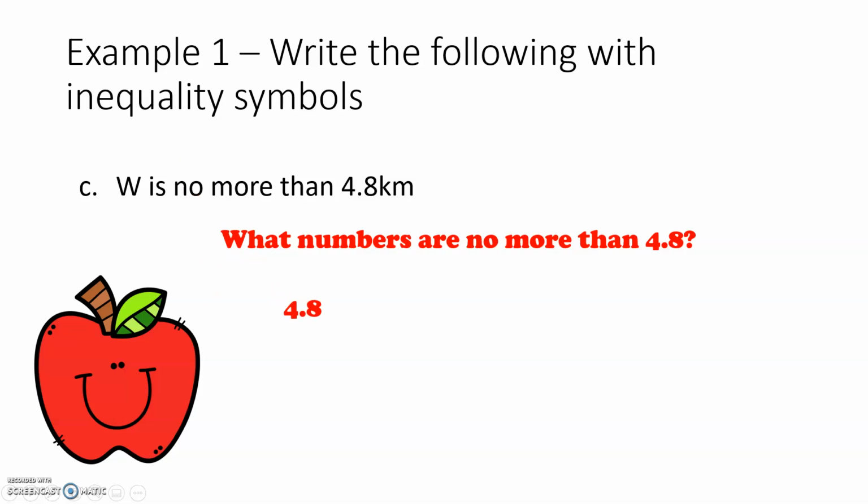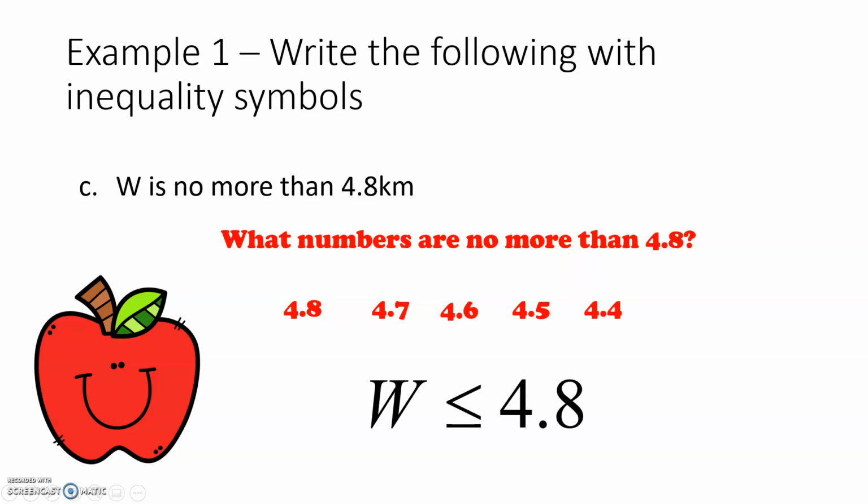We're going to start with 4.8. 4.8 is not more than 4.8. 4.7 is not more than 4.6, 4.5, and we really could go on into infinity, right? So we could also add 4.4. So here's how I would express that. W is less than or equal to 4.8. So if I want to say no more than 4.8, I'll say less than or equal to 4.8.